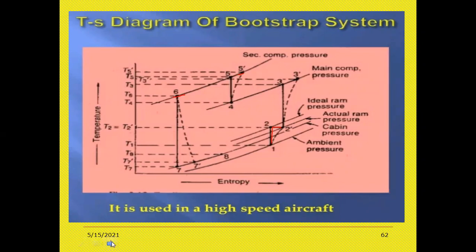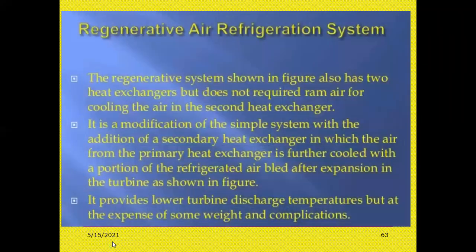Next, the third one is the regenerative air refrigeration system. The regenerative air refrigeration system has two heat exchangers but does not require ram air for the cooling of the air in the second heat exchanger.